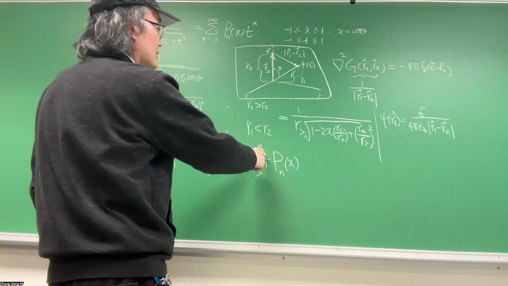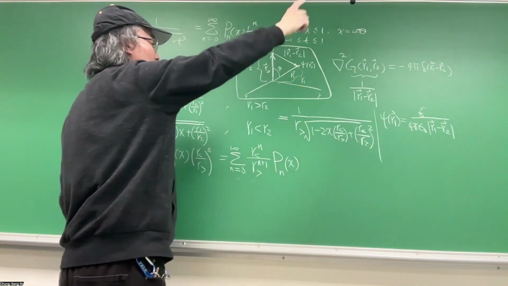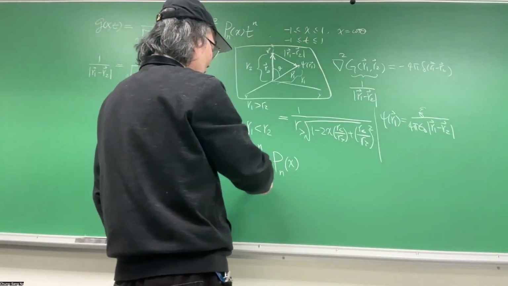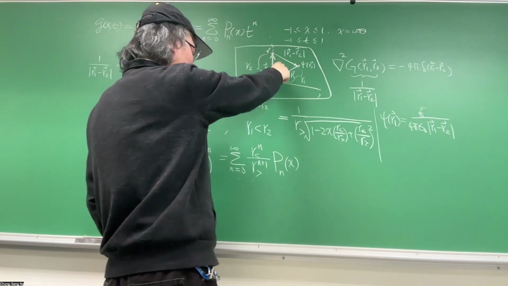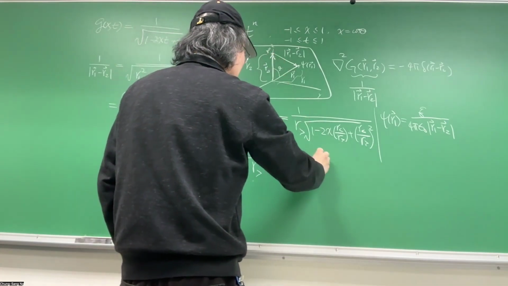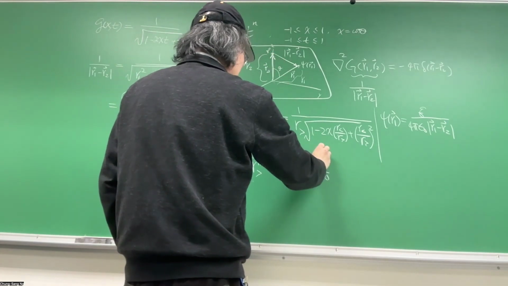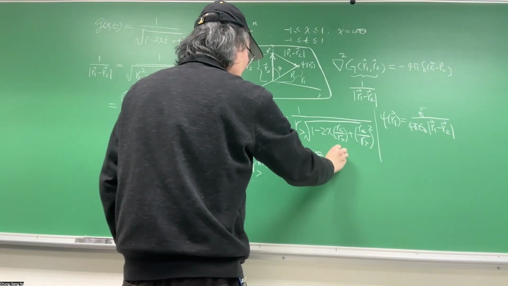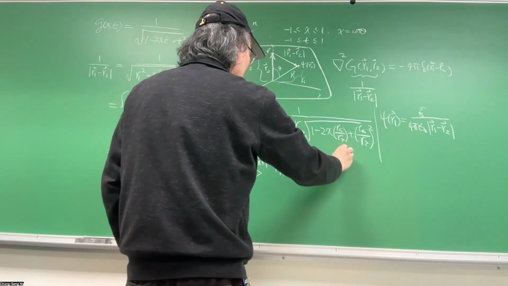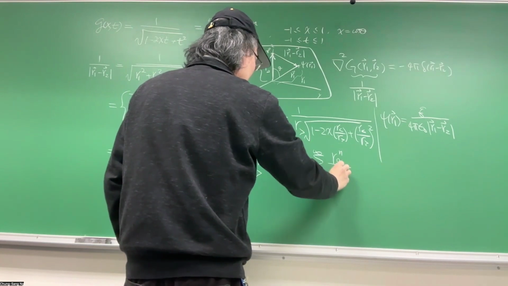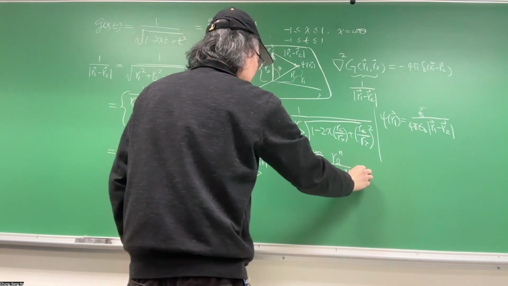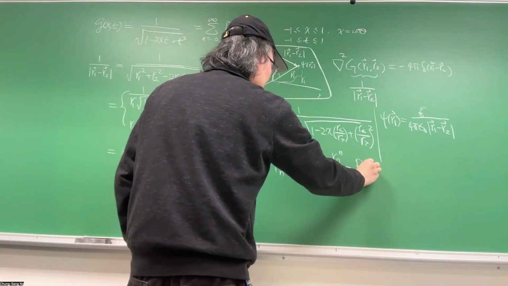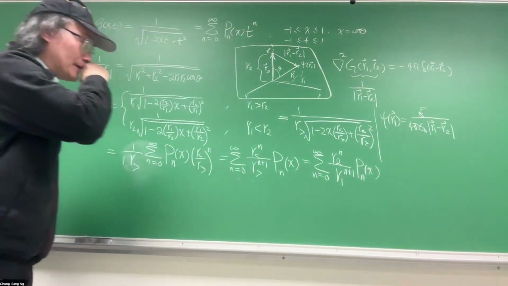If you consider observing it far away, R1 will always be the greater one. R smaller is just R2, the location of the charge, and R1 is where you observe it.